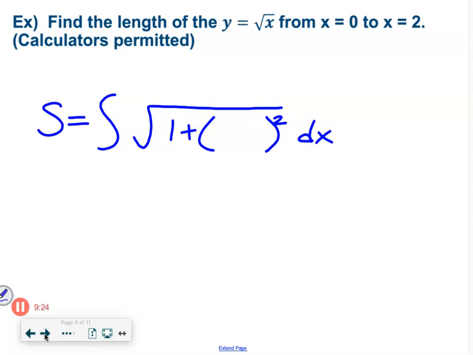What are your limits? 0 to 2. Okay, so our function is the same as f of x. So y equals root x. So take a second and find y prime.